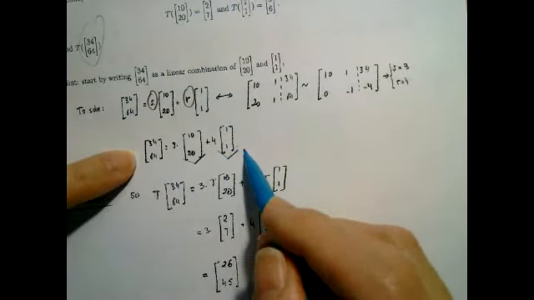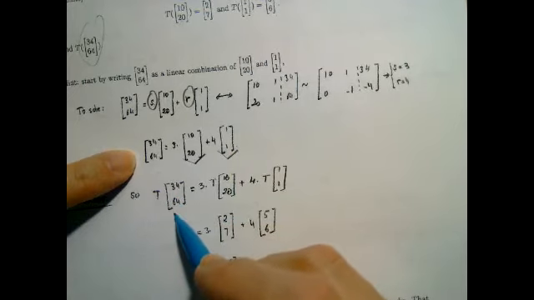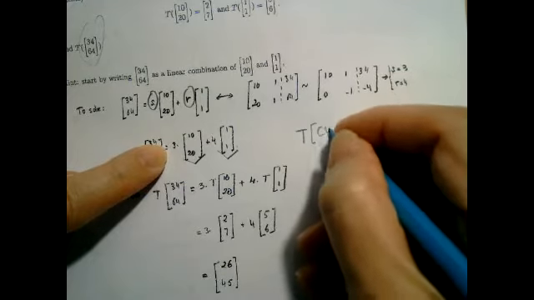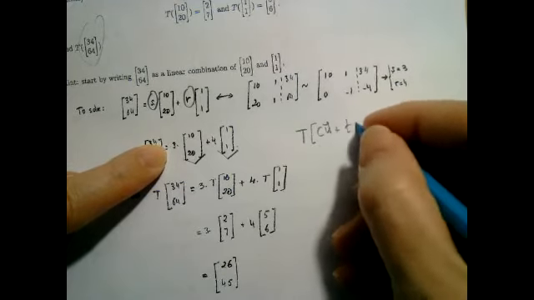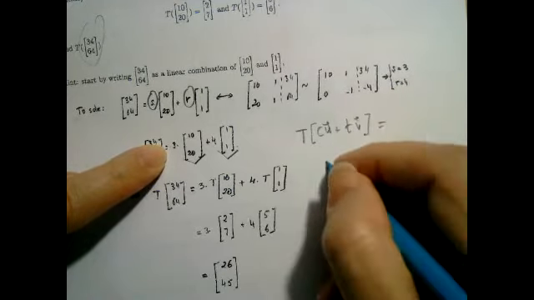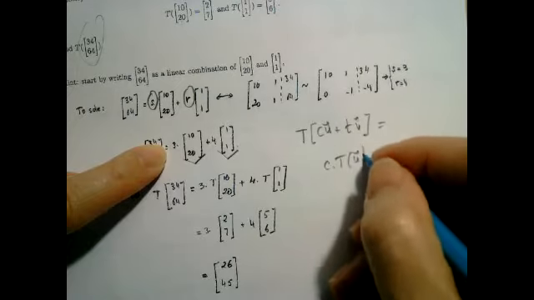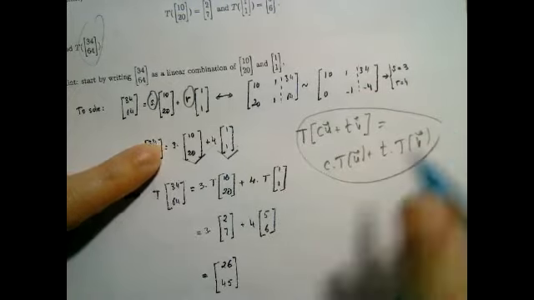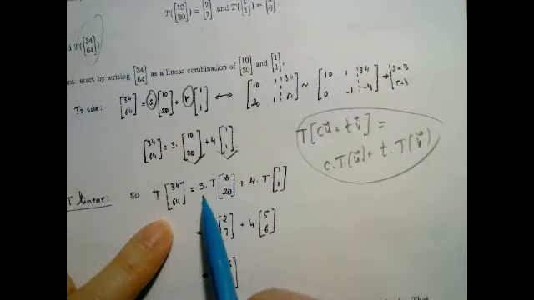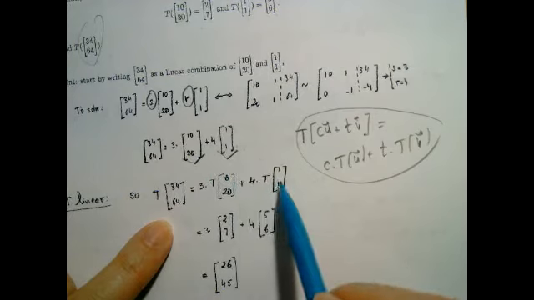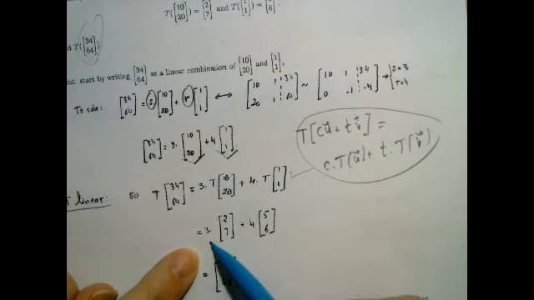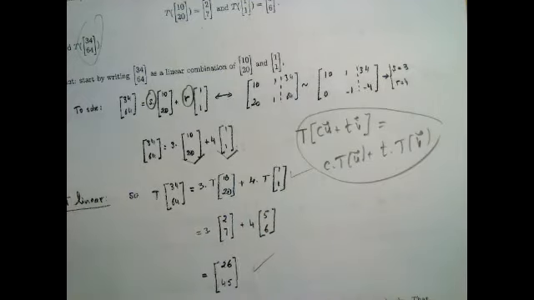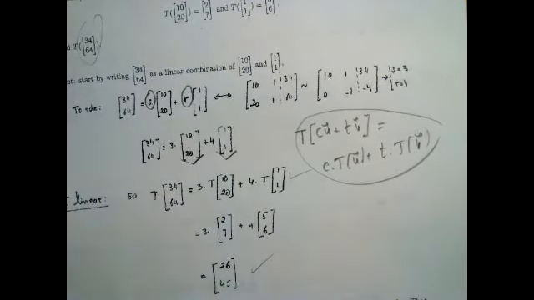The vector is a linear combination, so T of it is, using the property of linearity, T of CU plus DV is C times T of U plus D times T of V. That's the property we are using, and that's exactly what I did. So it's 3 times T of this vector plus 4 times T of that. Basically it's 3 times (2, 7) plus 4 times (5, 6), which gives me that vector. So it's another application of linearity.